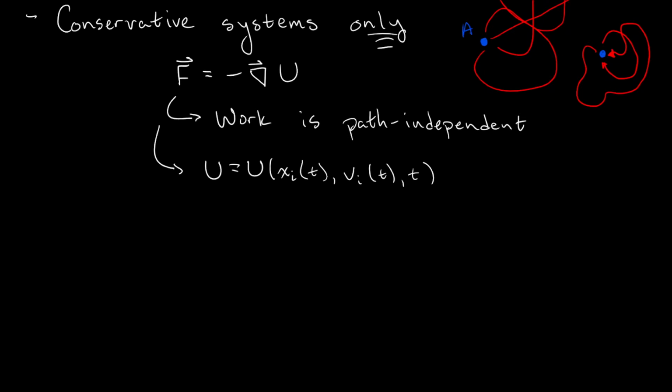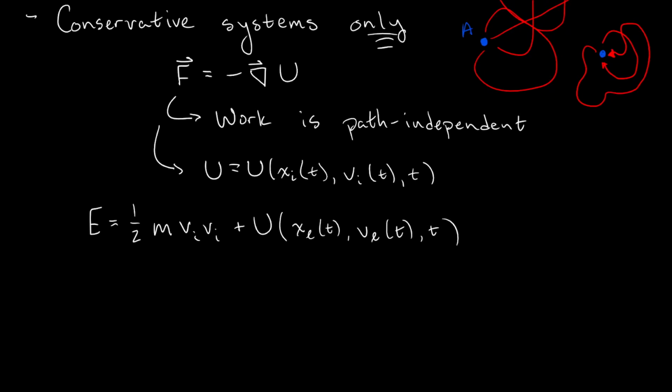So I can write down the total energy as 1/2 m v_i v_i plus u(x, v, t), I'll call this L, where I'm using the summation convention. Just for those that don't know, if I write something like this where I have an index repeated, this automatically implies that I'm summing over that index.